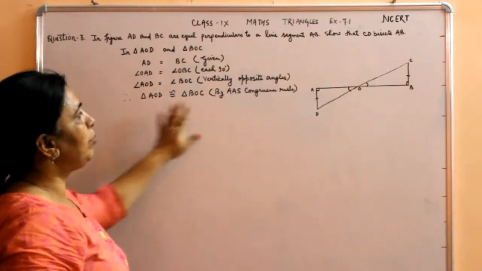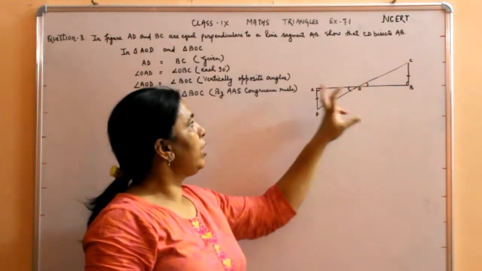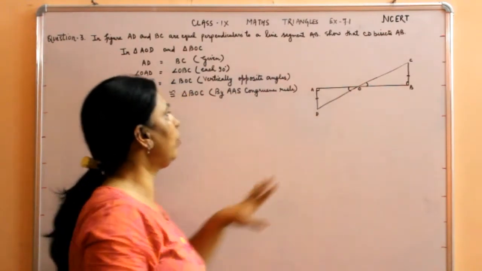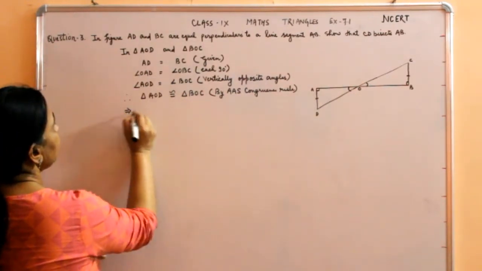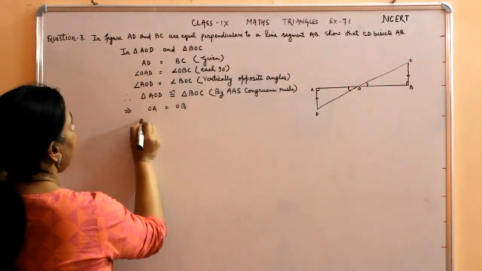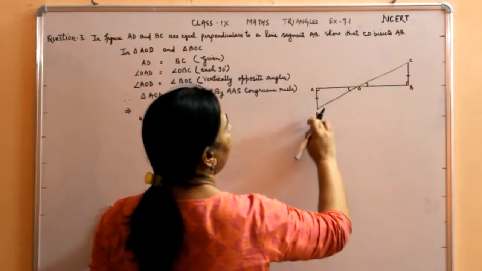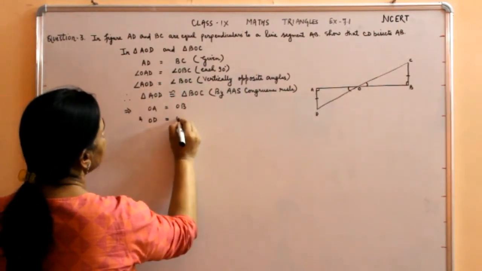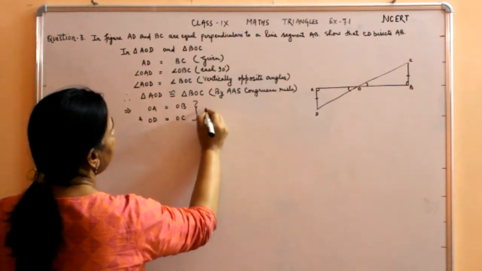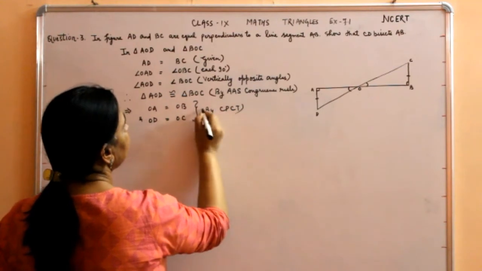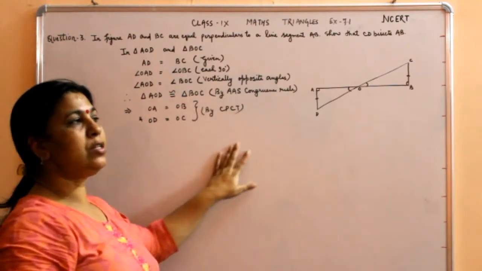Okay. अब जब दो triangles congruent true हो गए, इसका मतलब इसके सारे elements equal होंगे. That means OA is equal to OB. This implies OA is equal to OB and OD is equal to OC by CPCT, that is corresponding parts of congruent triangles.